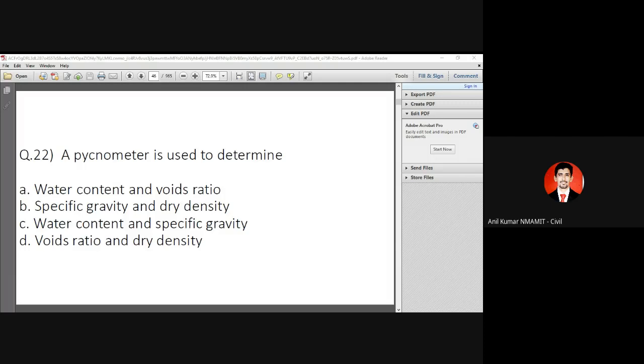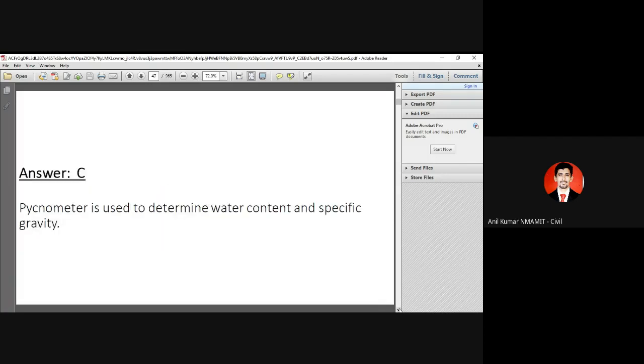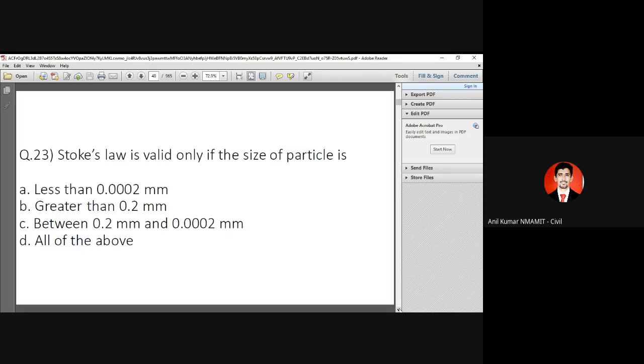The pycnometer is used to determine water content and specific gravity. You can find out water content, and in the meantime you can find out the specific gravity. Next one.